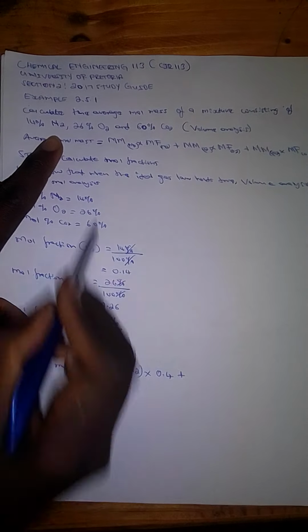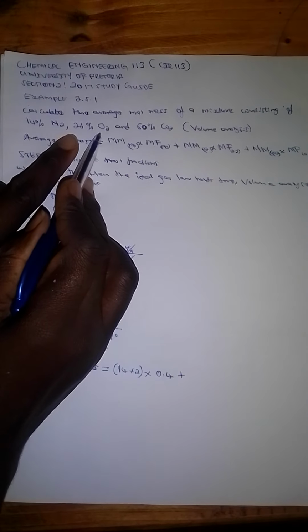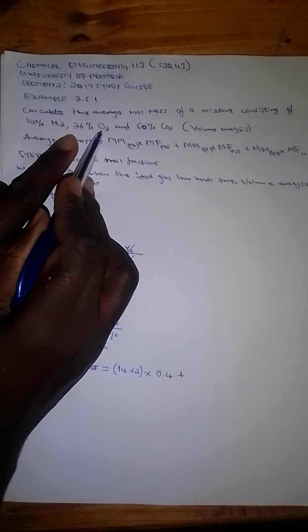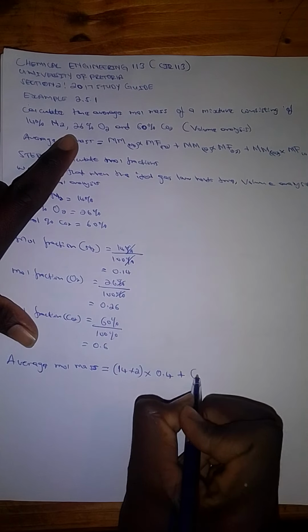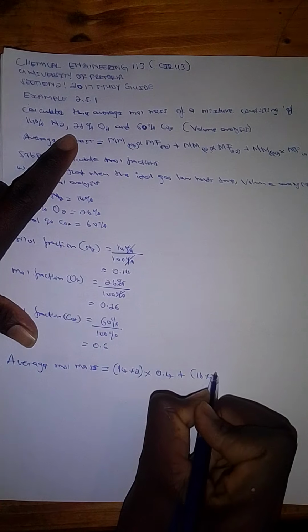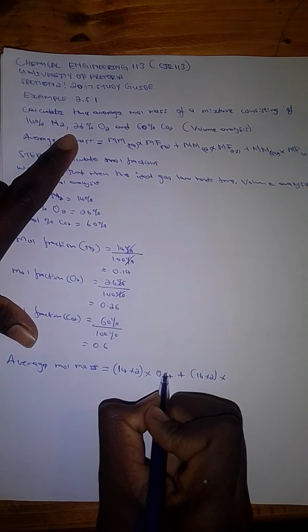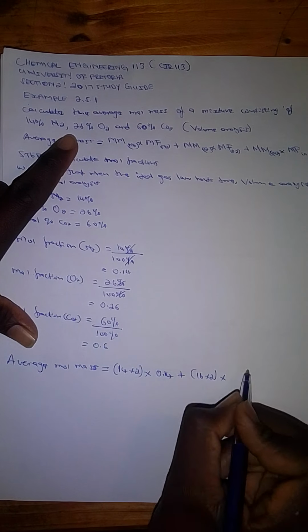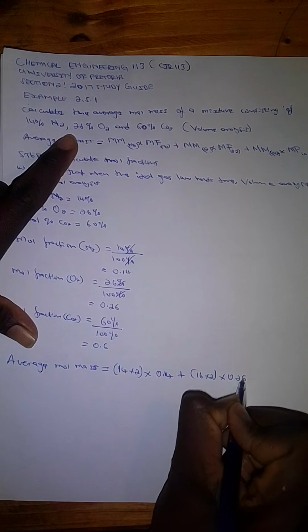plus, now we come to the oxygen. The molar mass of oxygen is 16, so it's 16 by 2, multiplied by, sorry, this is a 14 here, multiplied by 0.26.